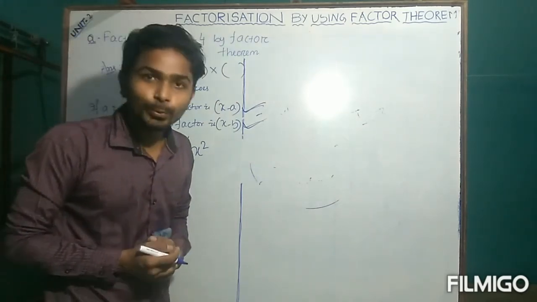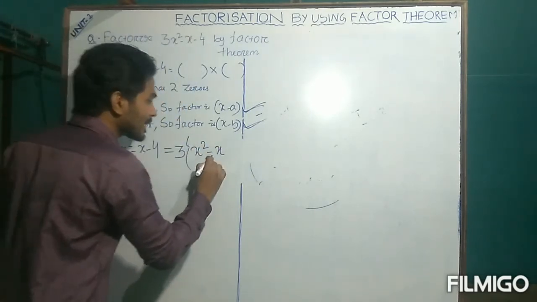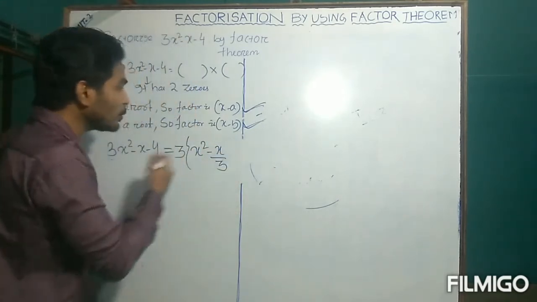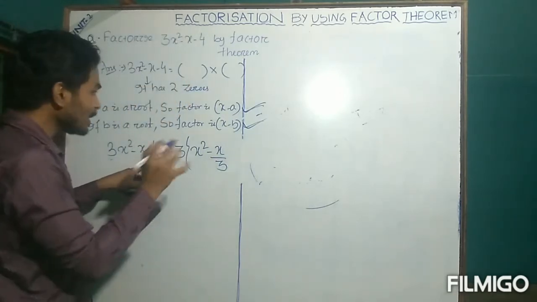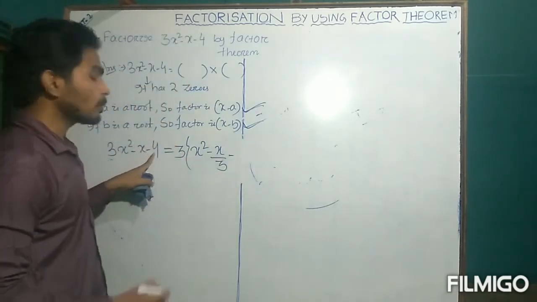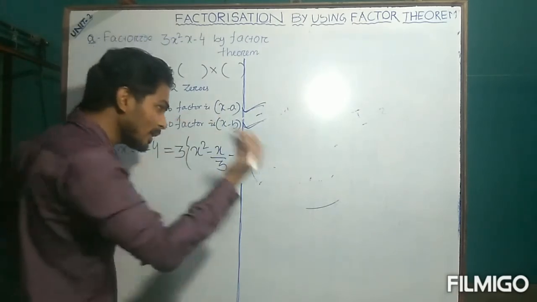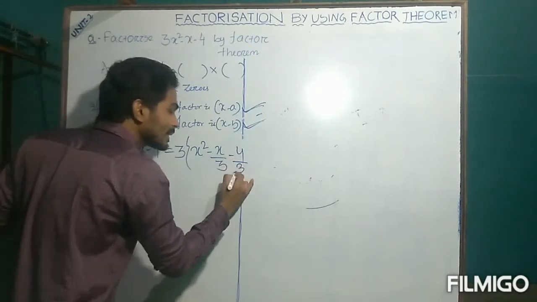So what will we do? In that case, you have to divide minus x by 3. I will tell you why. Similarly, in the third term, we don't have 3. So what will we do? After taking 3 as common, we have to divide minus 4 by 3.